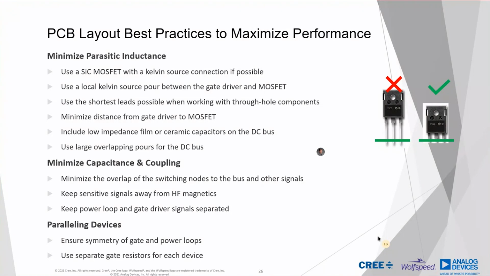Didn't talk about this one, but keeping sensitive signals away from high frequency magnetics. With the high switching edge rates on silicon carbide MOSFETs, there's going to be some radiated noise around the magnetics, and that can couple into circuits and cause undesirable noise. So you want to be aware of where you're locating signals relative to the magnetics.